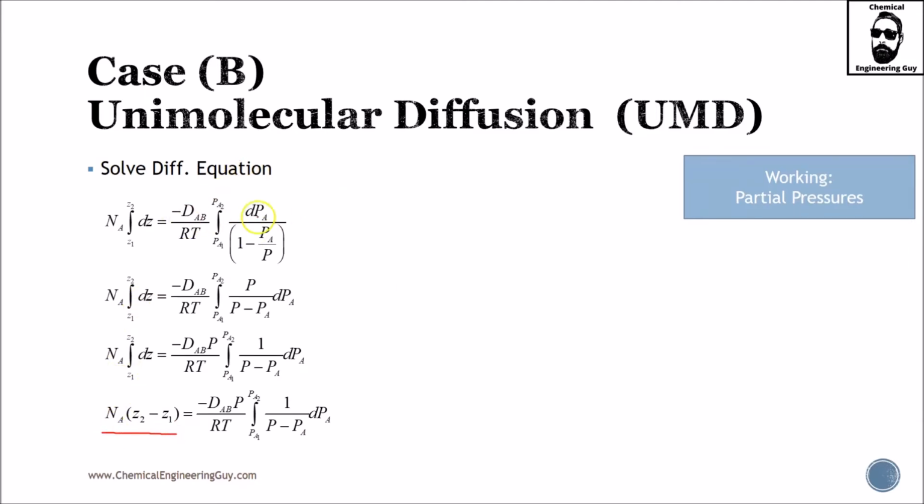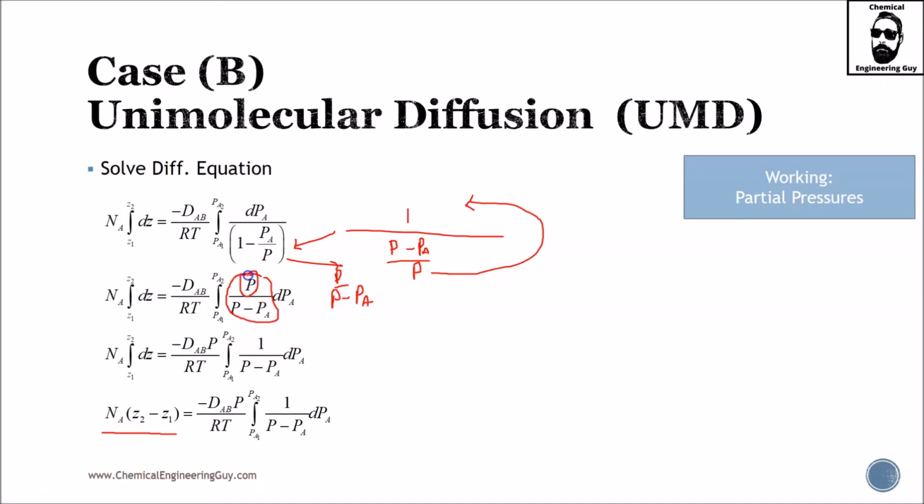So let's solve the left-hand side, which is pretty easy. C2 minus C1. And as I was telling you guys, it is not possible to integrate this. We will need to use the equation I told you, P minus PA divided by P. But because this is a division, then this goes up. So you get P over P minus PA, which is this part right here. Now you can see if you can integrate.